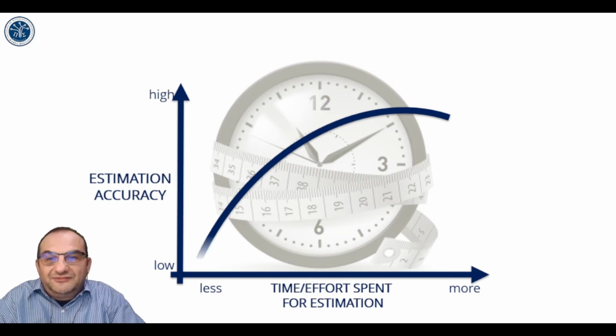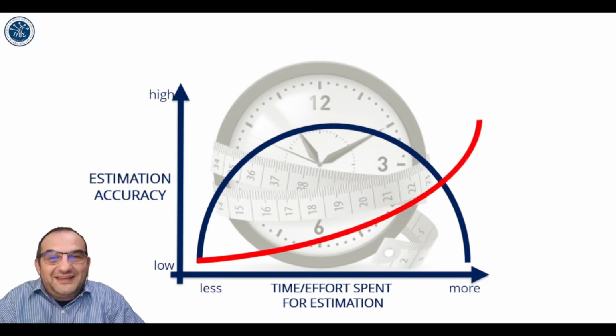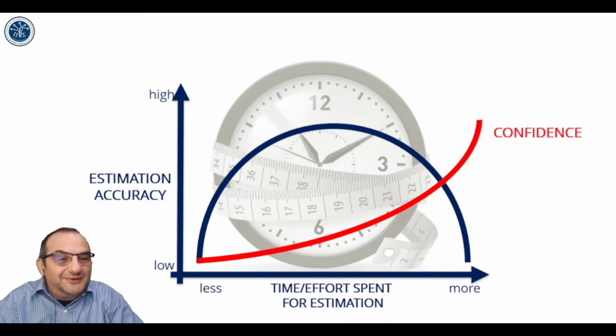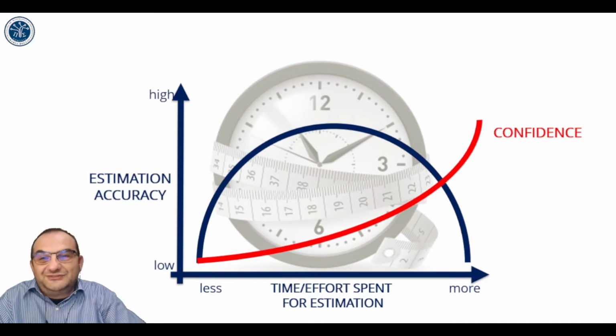It follows the shape of an inverted U as well. And another interesting aspect is another curve, this red one. It is the confidence of the team members in their estimation. And you can see the discrepancy between the inverted U curve and this new curve.